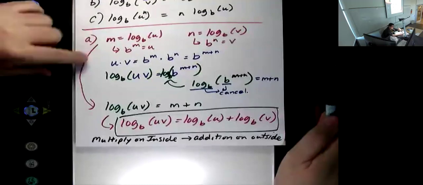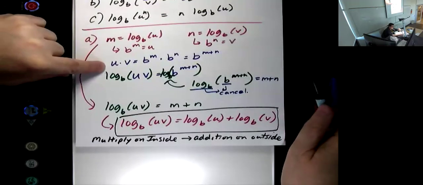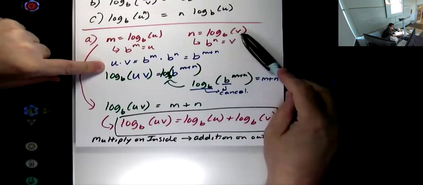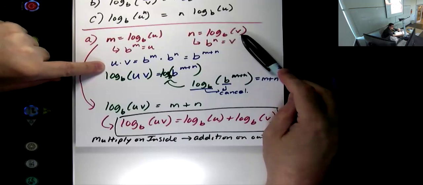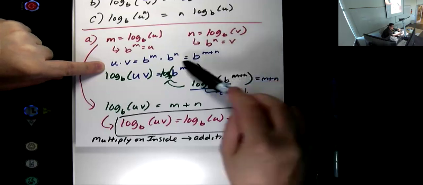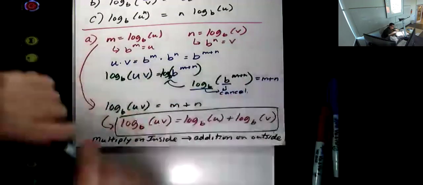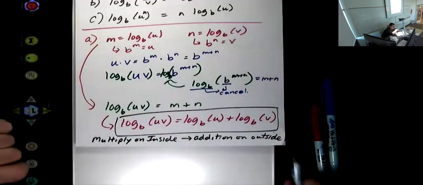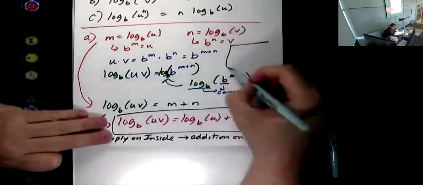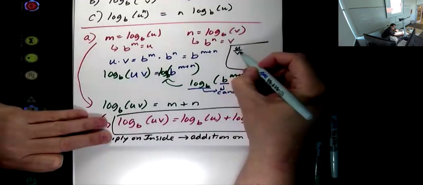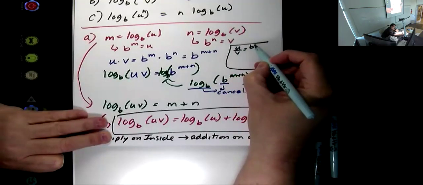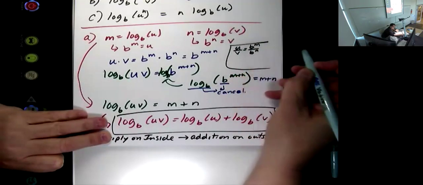Now, what would happen if, instead of u times v, in the same setup, I had u divided by v? We'd have u over v, which is b to the m over b to the n.